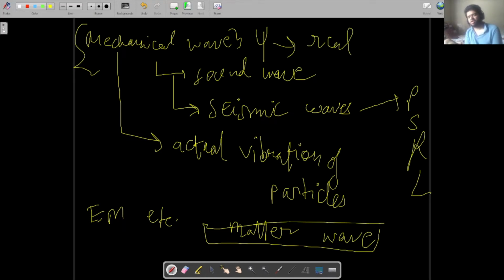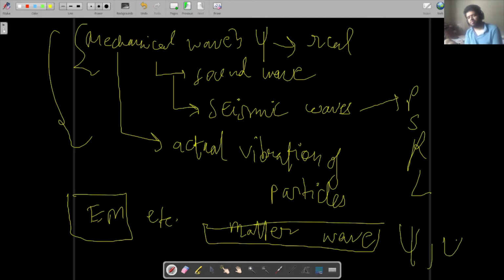But in case of electromagnetic waves and matter waves, the wave function may be real, or it may be complex also. Psi may be real and psi may be complex also.